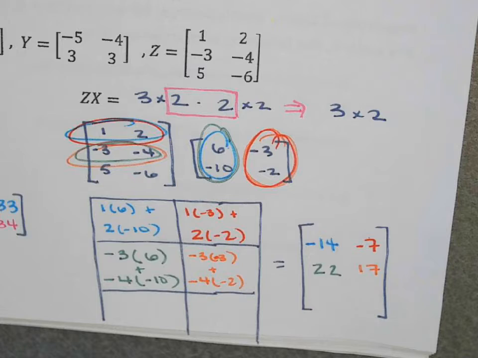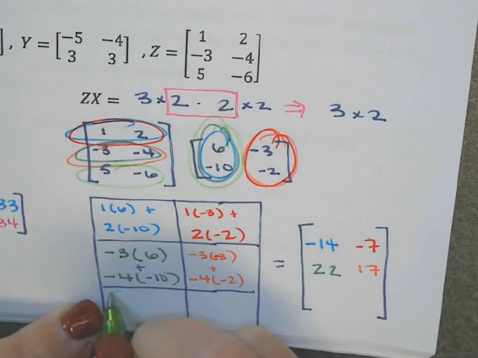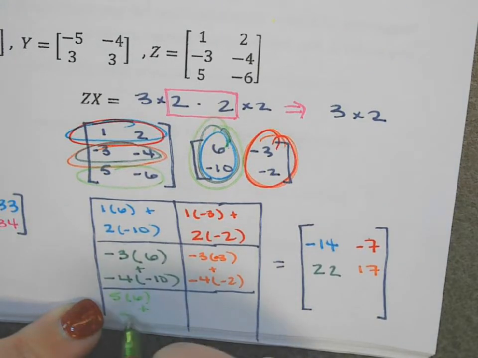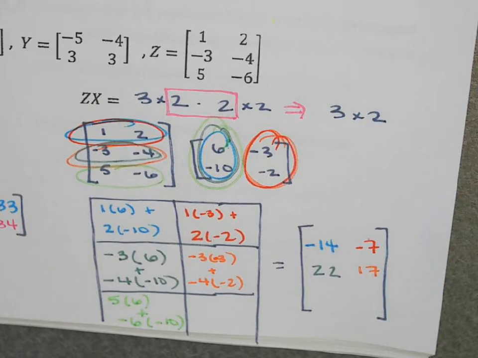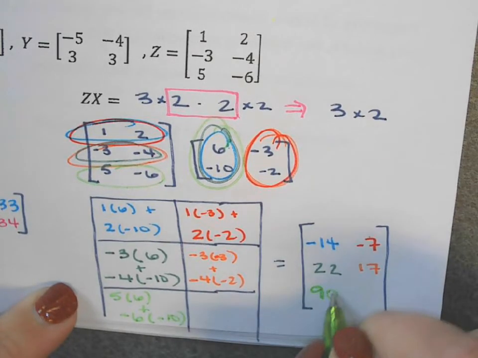Okay. Then, last row, first column, 5 times 6 plus negative 6 times negative 10. That'll be 30 and 60. So that element is going to be 90.